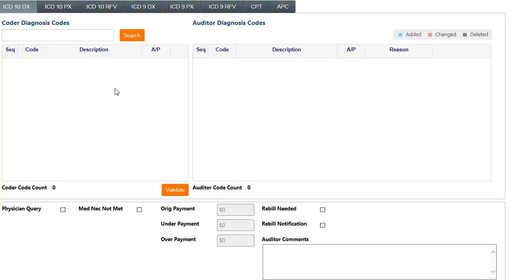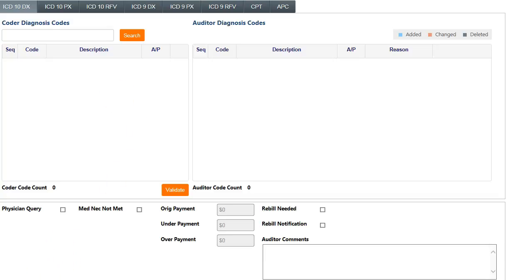I am reviewing the documentation from the emergency department for a patient, and I am going to make notes on my notebook and go through the services that were rendered and the patient's diagnosis, and then from there I will code that, and then after I code it as an auditor I will verify what my coder has chosen to assure that we both come up with the same thing.